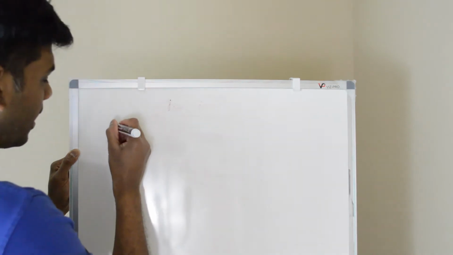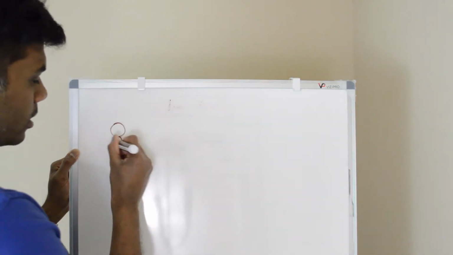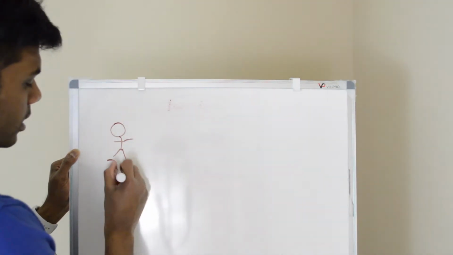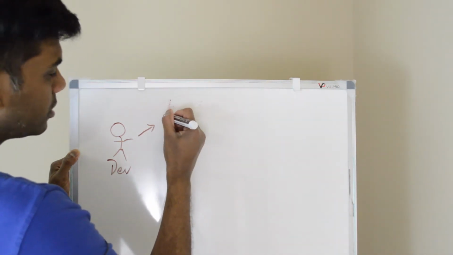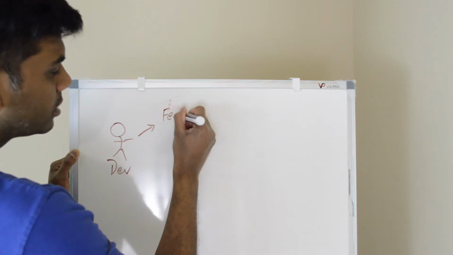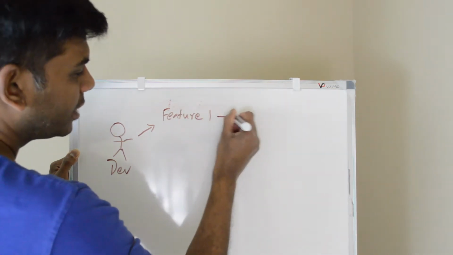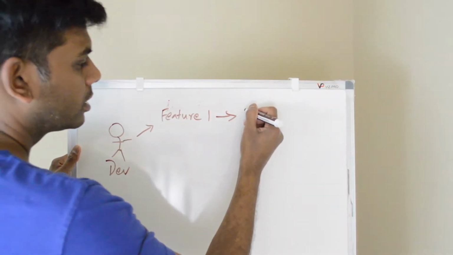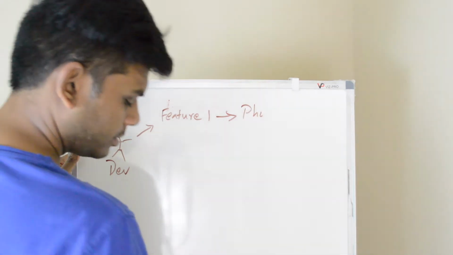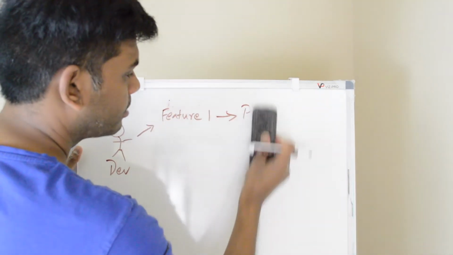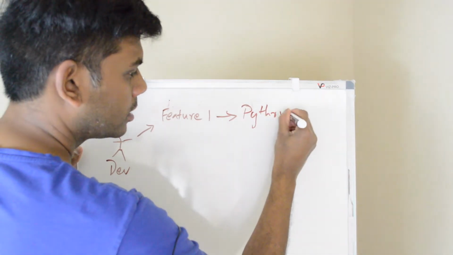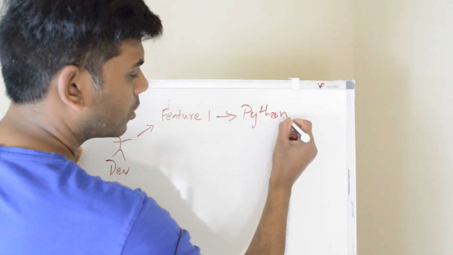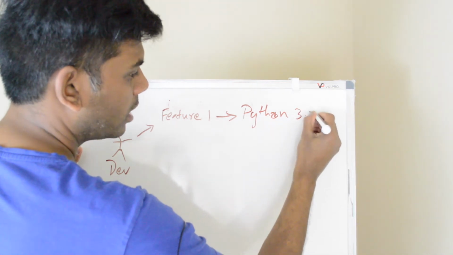So let's say we have a developer, right? He's a developer and he's going to work on a new feature. This feature is going to be written in Python language, and he's going to use Python version 3.8.